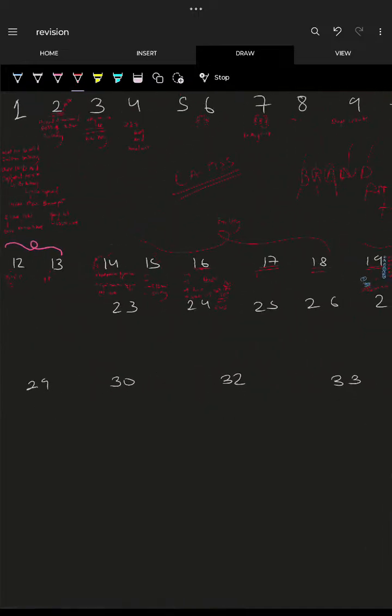Now 23 till 24. So we have done equality, we have done freedom. This is exploitation. 23 is that no exploitation would be done, no human trafficking and all that.